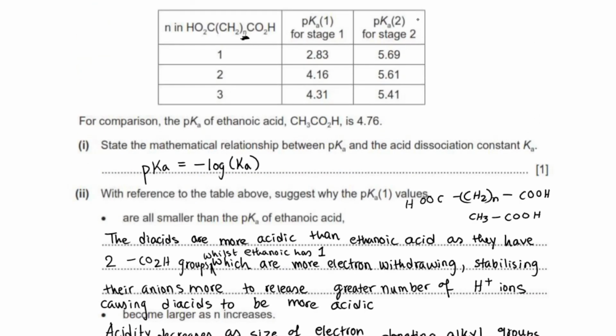Meaning, since the pKa values are much larger than that of ethanoic acid, we can say that the diacids in stage 2 are less acidic because as pKa increases in value, less hydrogen ions are released, causing pH value to increase.